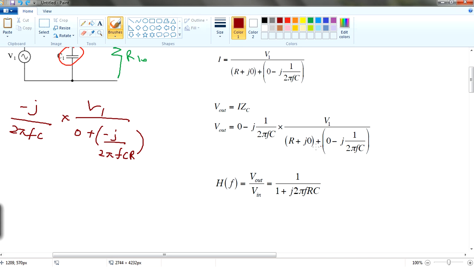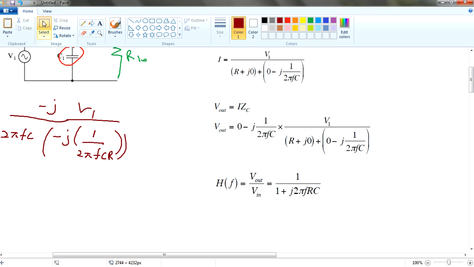So J 0 times 0 is actually 0, and then plus 0, and then minus 0 times anything is also 0. So if I were to clean it up, I will have this one over here. And if I were to further clean it up, I can actually cancel out the J, because the J is at the numerator.